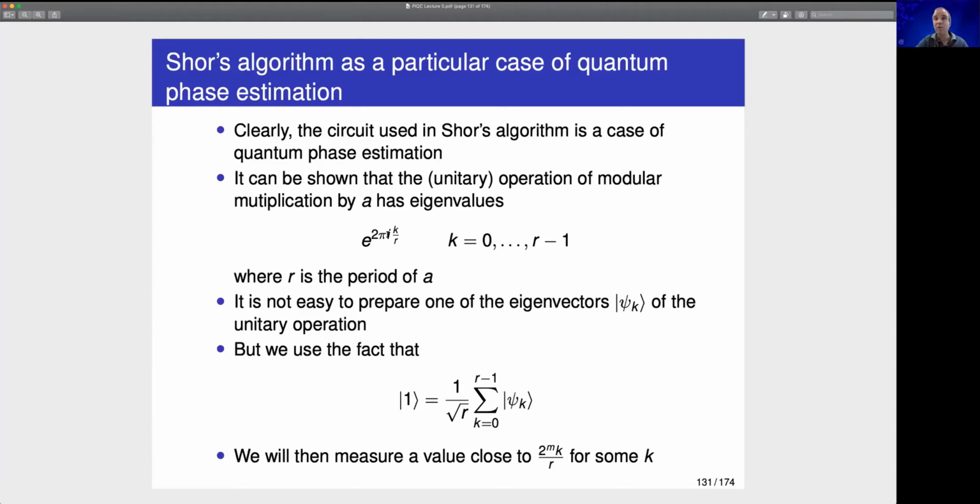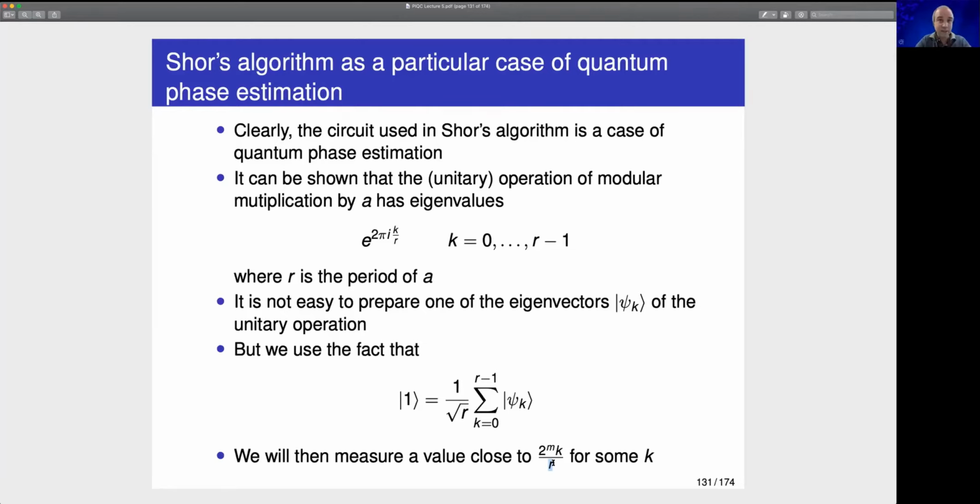And when we measure, we are going to obtain an estimation of one of these values k over r. And this is exactly what we need, because from this now with some classical techniques using continued fraction expansions and things like that, we can recover this value r, which is what we are interested in. Okay, so this is how Shor's algorithm works.